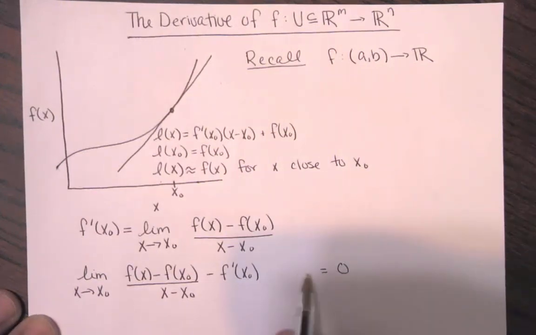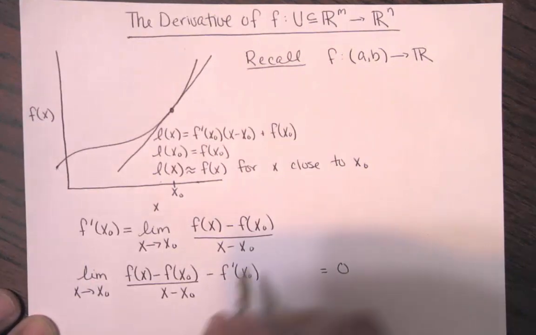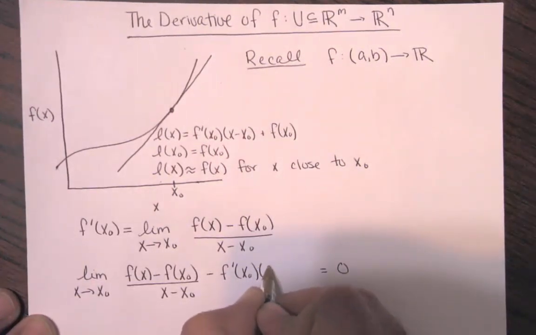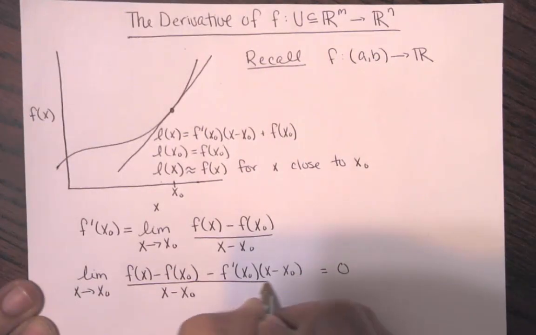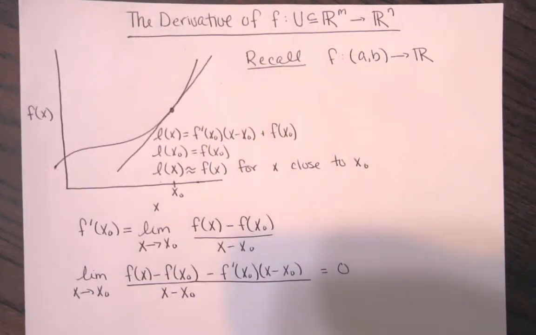Also, I left a conspicuous space here. That's because I want to put everything over a common denominator. So if I multiply times x minus x naught and then divide by, I have my common denominator.